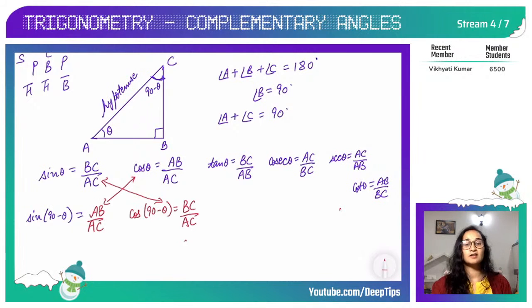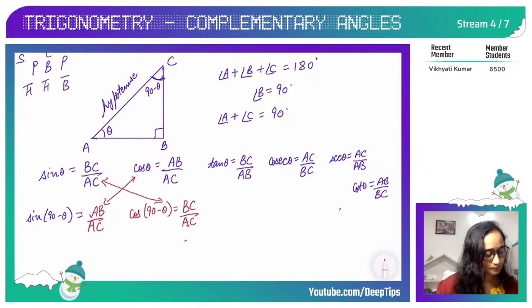So this is their relationship that we just remember, that sine 90 minus theta is equal to cos theta. So in this video we are learning why sine 90 minus theta is equal to cos theta, because they are complementary to each other. That's why this topic is complementary angles, and we are learning the relationship between complementary angles.